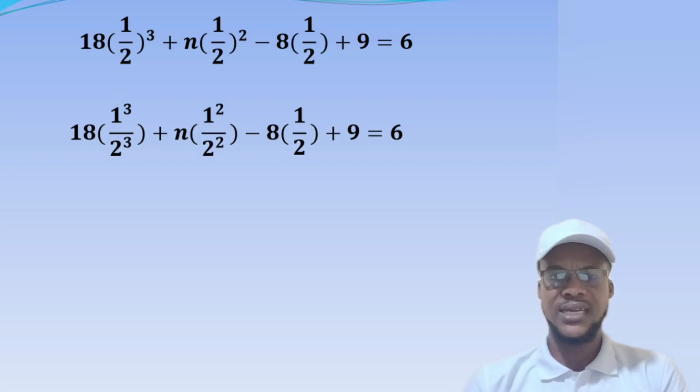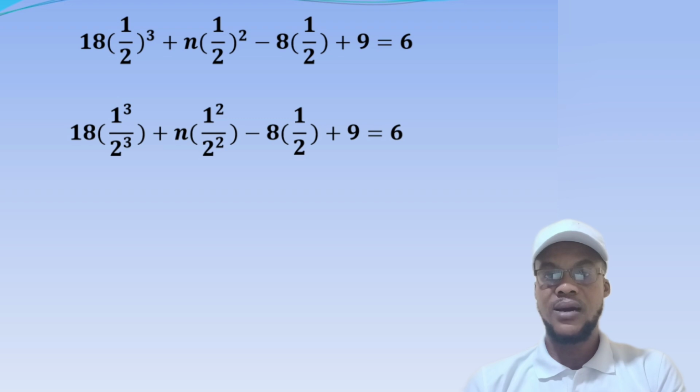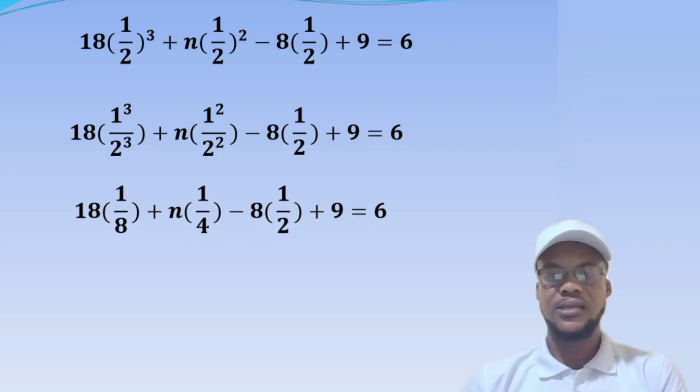Then for n multiplying half squared, the same applies there: 1 squared, 2 squared. Take note of this. Whenever you are dealing with such, you should know how to go about it.